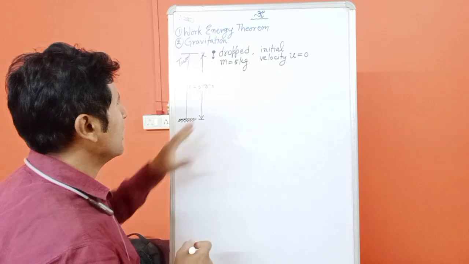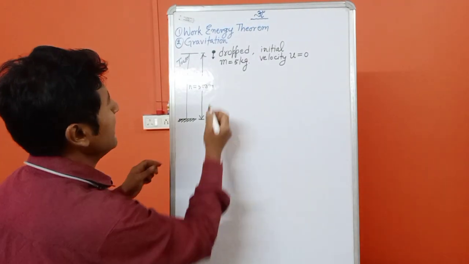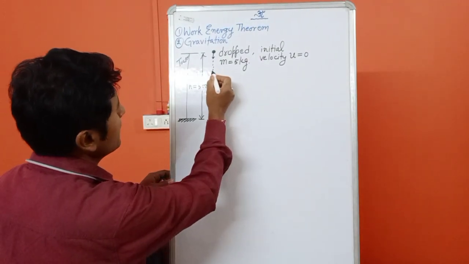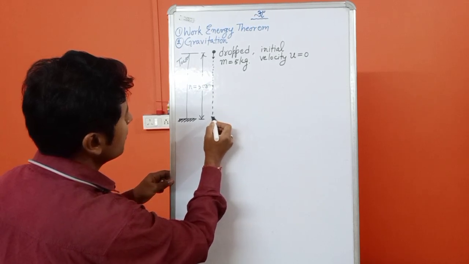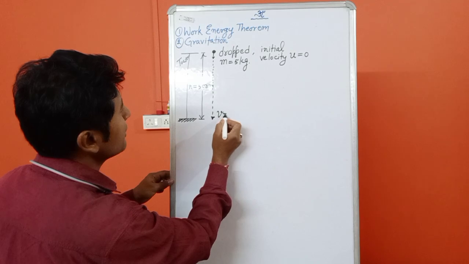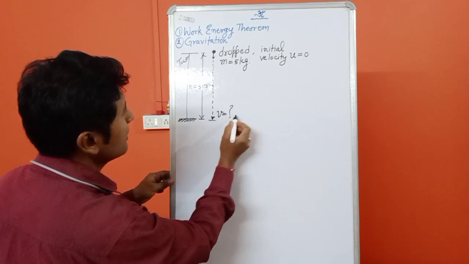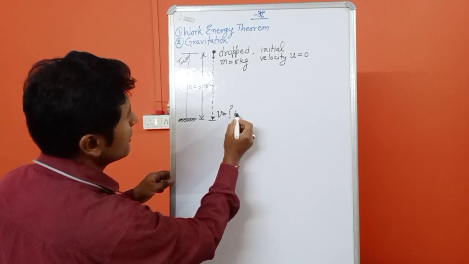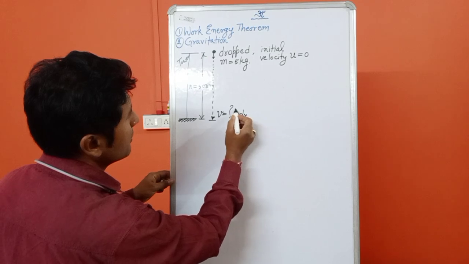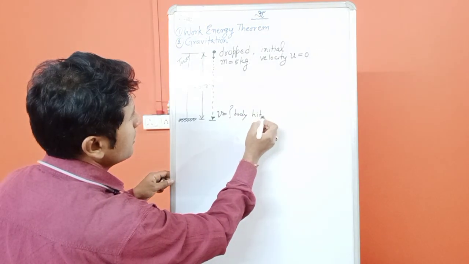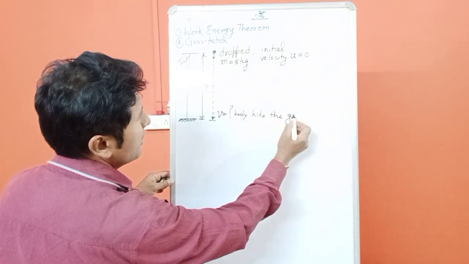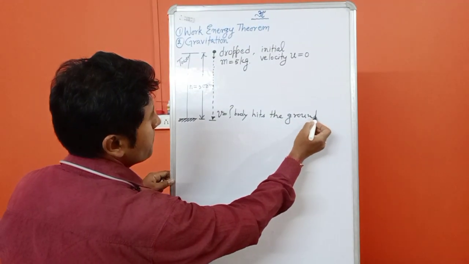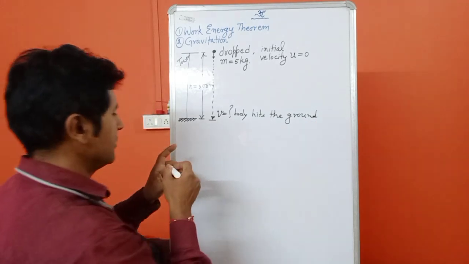Yeah. Now what do you have to find out? And at the time when it comes on the ground, so what will be the final velocity v at the time when the body hits the ground, right?